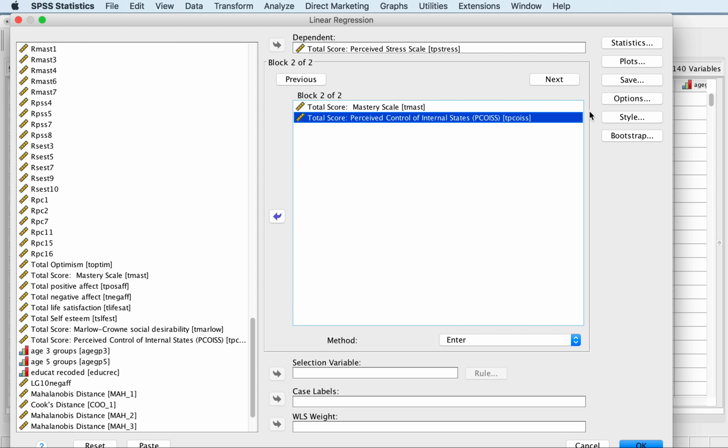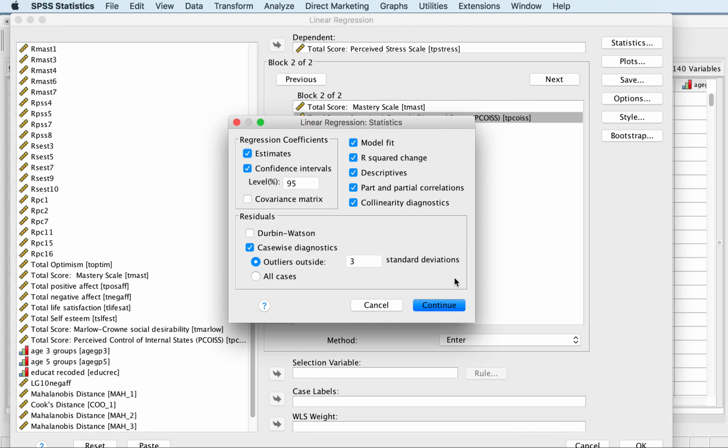Now we're going back into statistics, and this time I'd like you to check off R squared change. That's really the only change we're going to have. The reason is that it will show us the amount of change in variance accounted for in the dependent variable y as a function of adding in the second block of predictors.